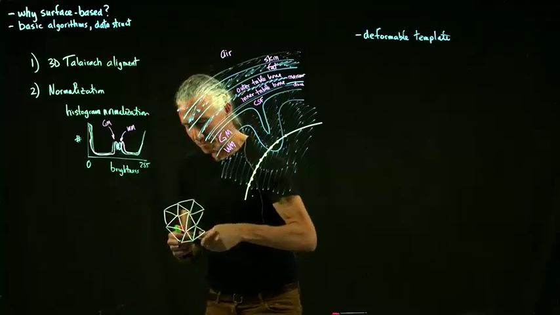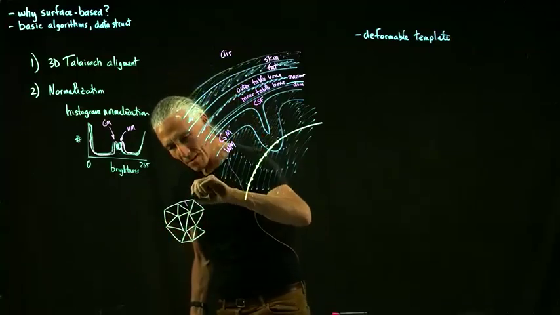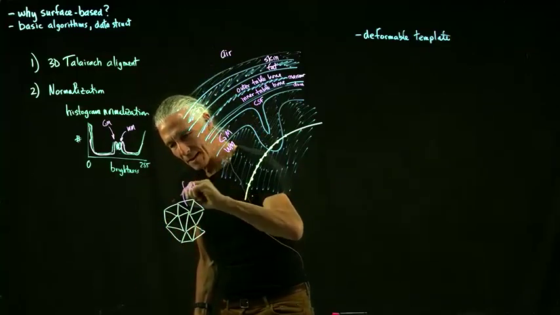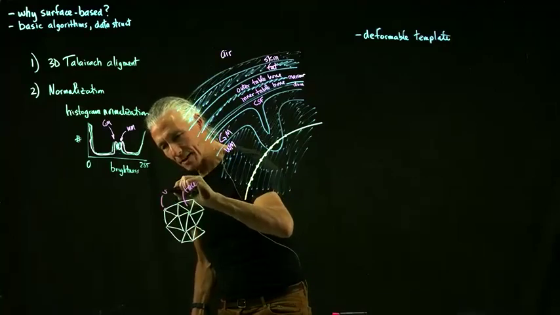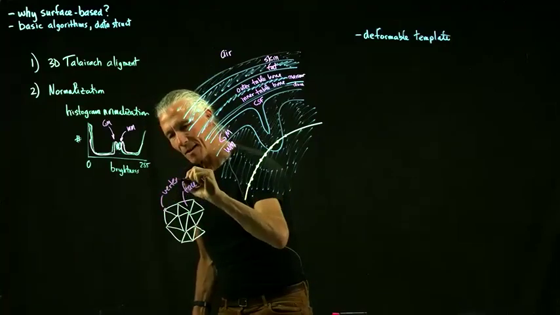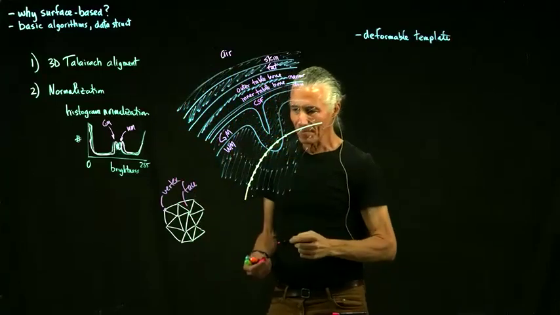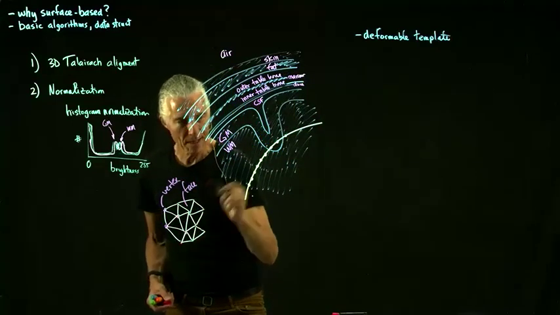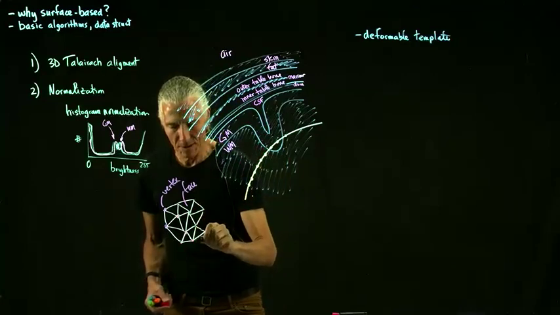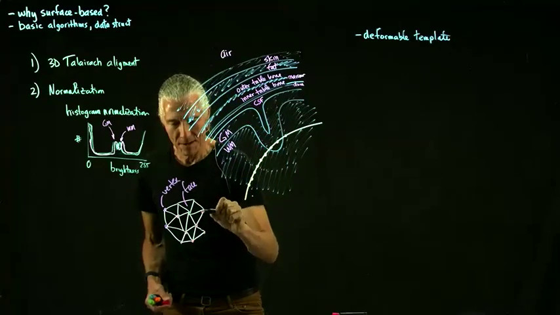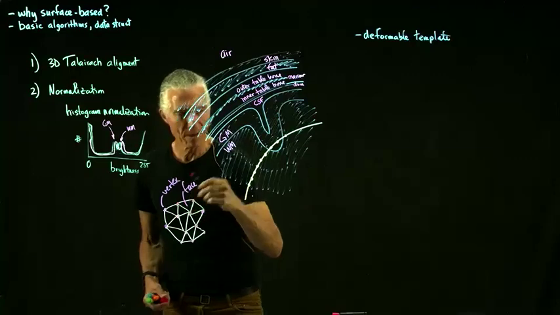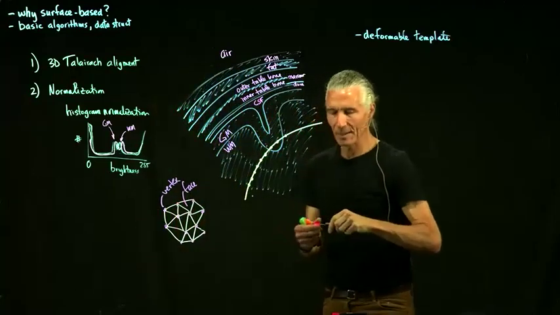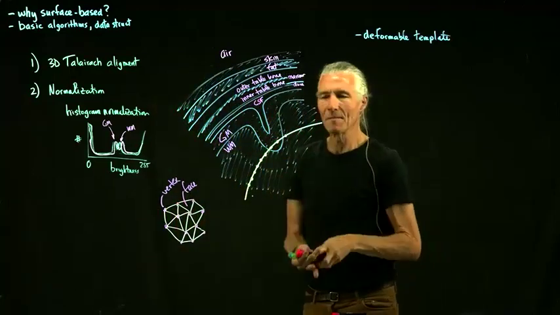So you've got a face here, and this guy is a vertex. And here are all the vertices, and that's what I've drawn there. All the vertices of that curved two-dimensional surface, or spherical surface.